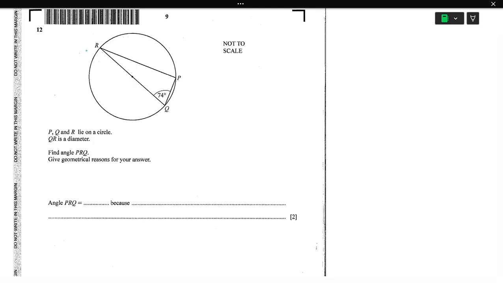So first, the angle from the diameter is going to be 90 degrees. Okay, so first reason I'll write: angle in a semicircle is 90 degrees. So I'm getting 90 degrees.